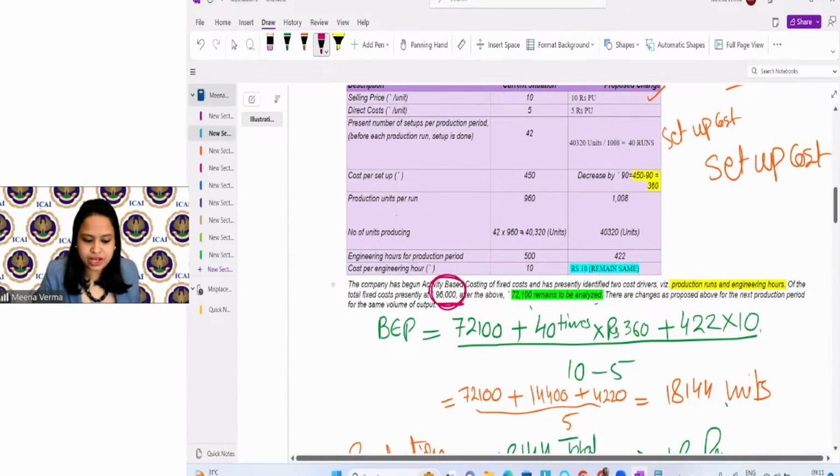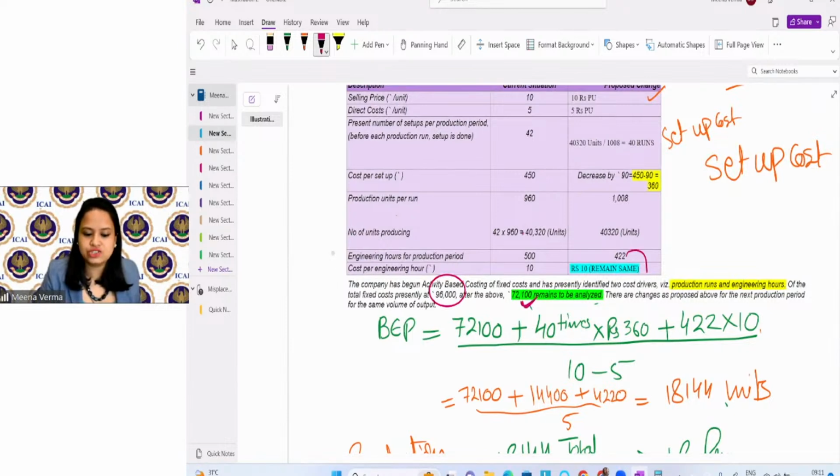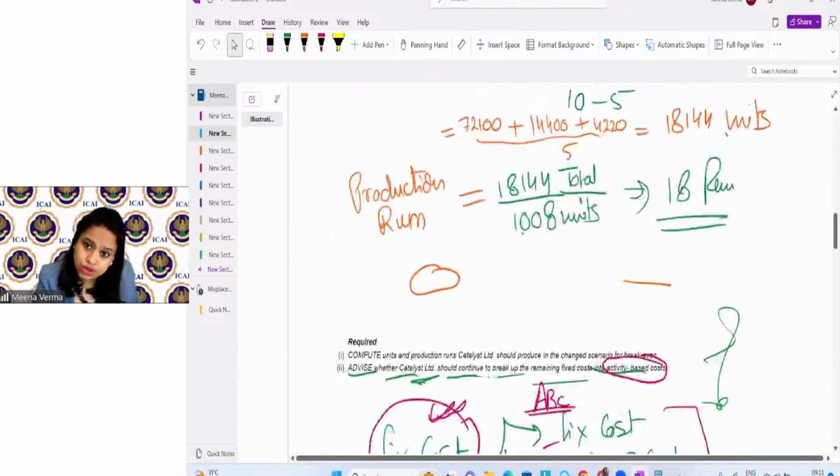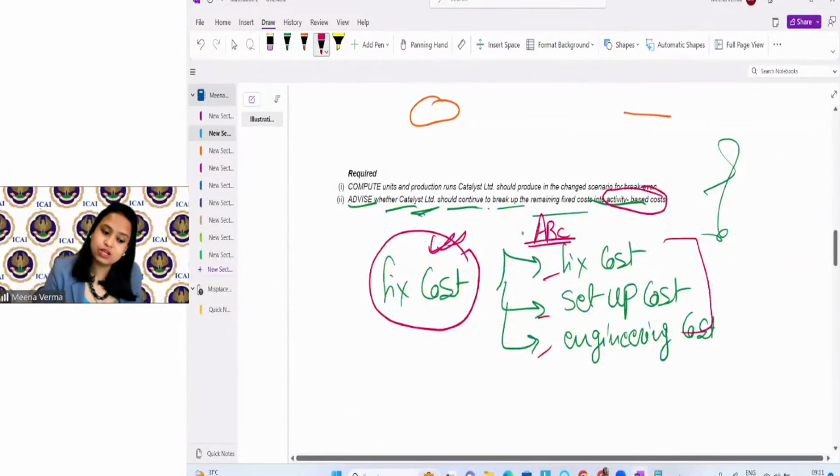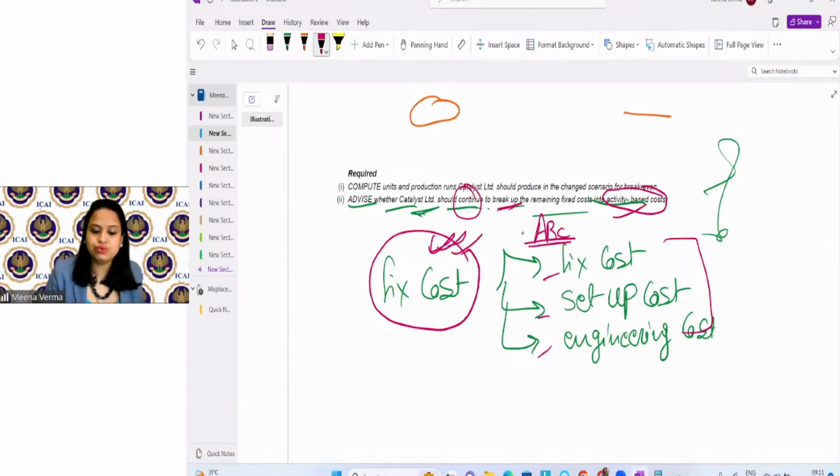And now they have broken up this 96,000 into fixed cost, engineering cost and setup cost. Now the question they're asking is, is it good if we continue breaking up the fixed cost into these three different costs under activity-based costing? What do you advise? Is it good or not?